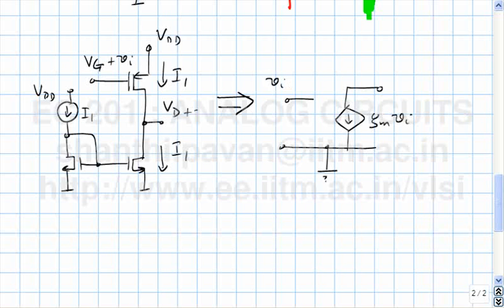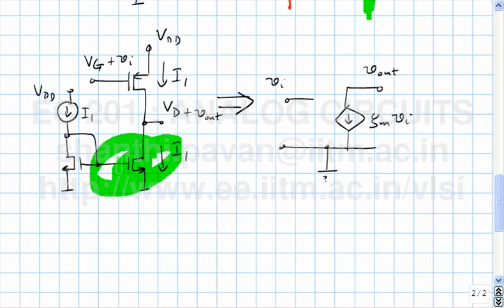Okay, this is Vd plus Vout. What is the incremental equivalent of this chap? It's an open circuit. Yesterday we saw that this was Rp and Rn. If Rp and Rn both tend to infinity, this simply becomes an open circuit.